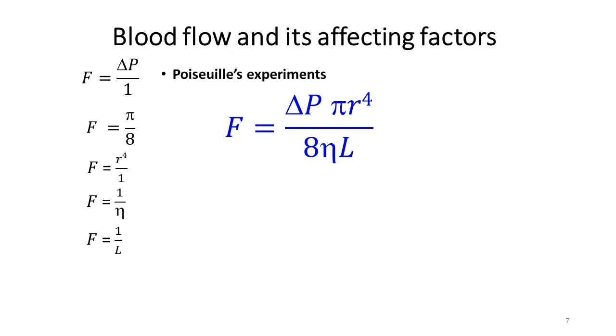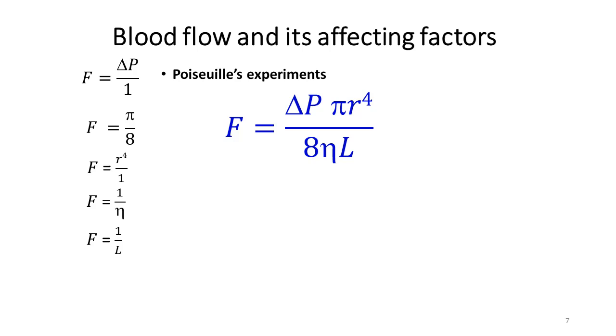And finally, he found the impact of the radius of the vessel on flow. As you can see in this equation, radius to the power of 4 affects flow. For example, if the radius increases twofold, the flow increases 16 fold.